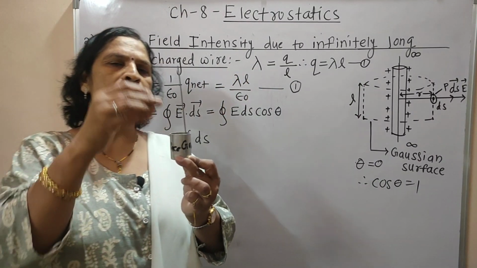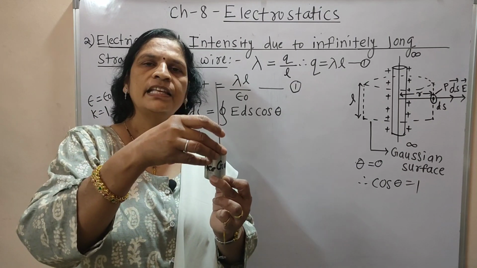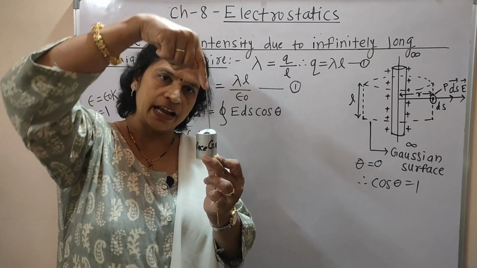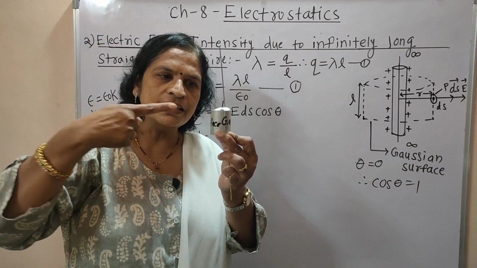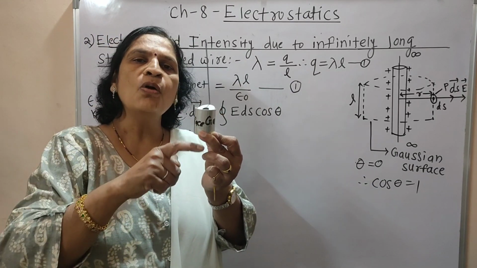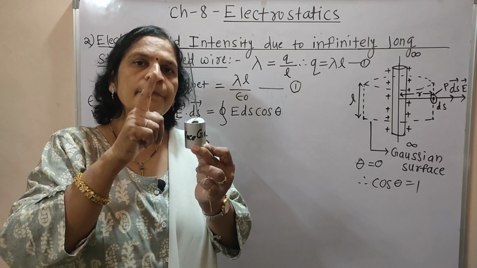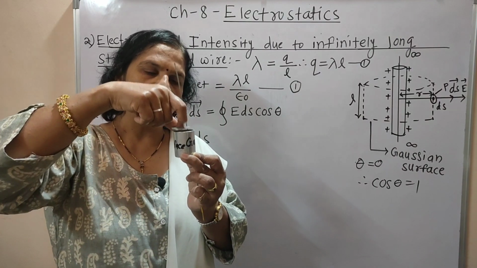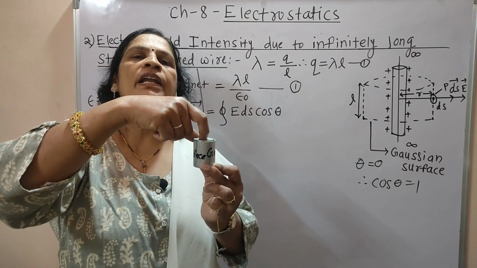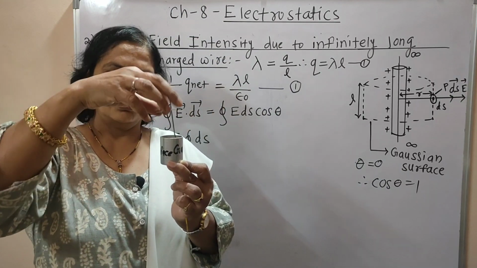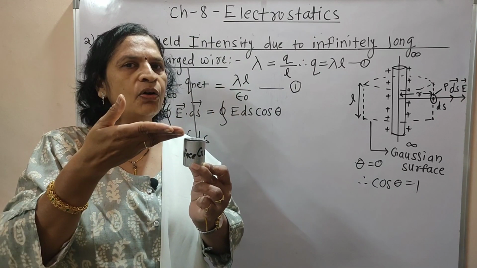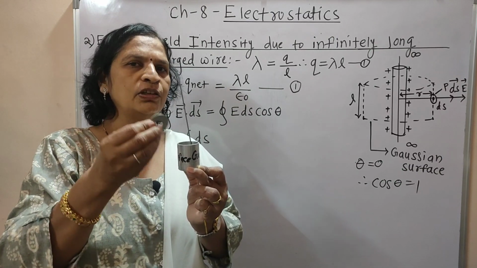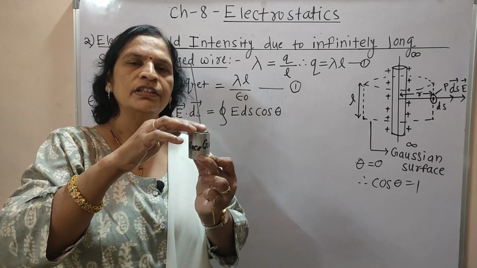On the first surface, the area vector is in this direction and the electric intensity is in this direction, so theta is 90 degrees. Then the flux on this surface is 0, because cos 90 is equal to 0, meaning there is no flux on this surface.